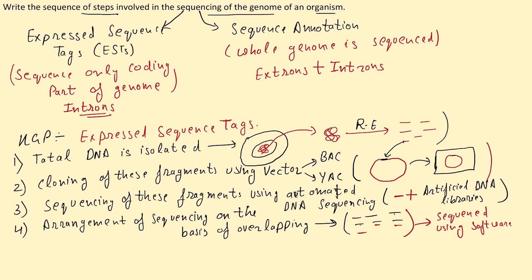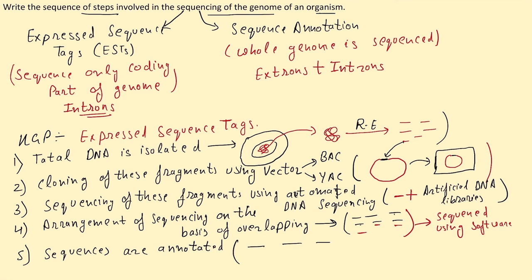In the next step, the last step of DNA sequencing, the sequenced fragments are annotated. Annotated means these sequenced DNA are given numbers.